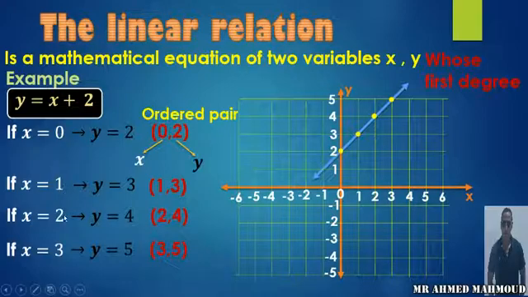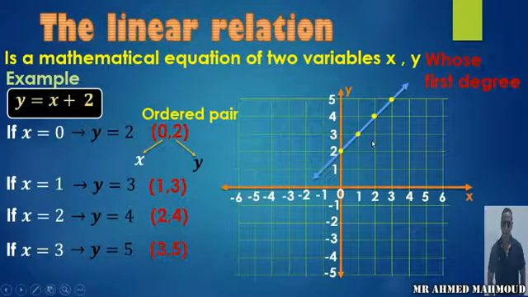So x is called a variable because the values of x change, and y is a variable because its values change. We can represent each two values together by one point on the graph like this. All the points of the same relation are on the same straight line. We can connect them by a straight line like this.